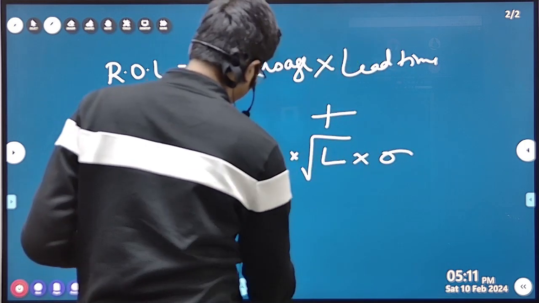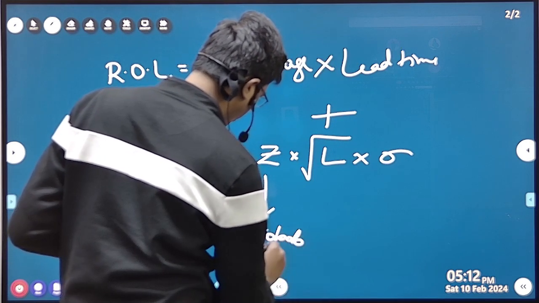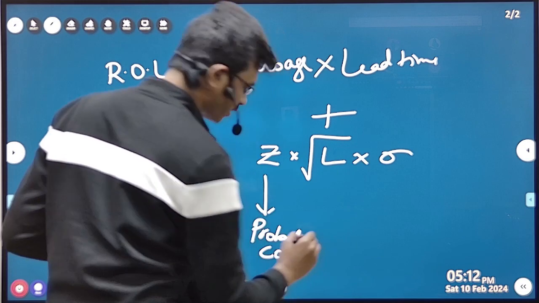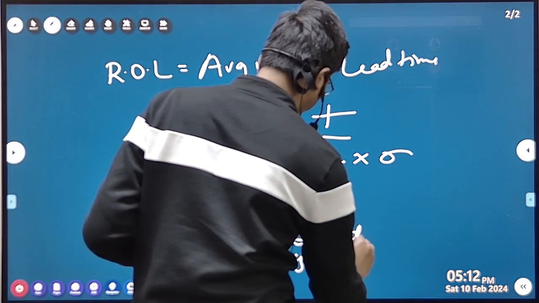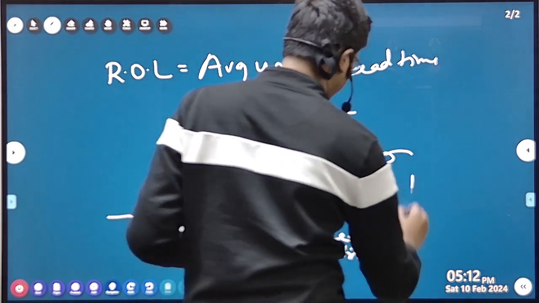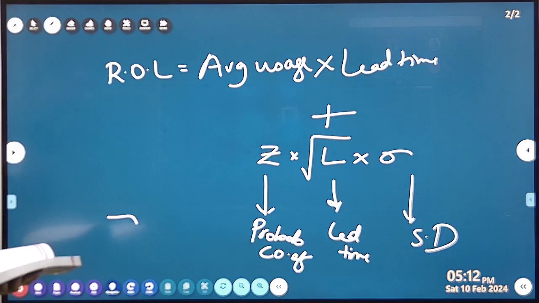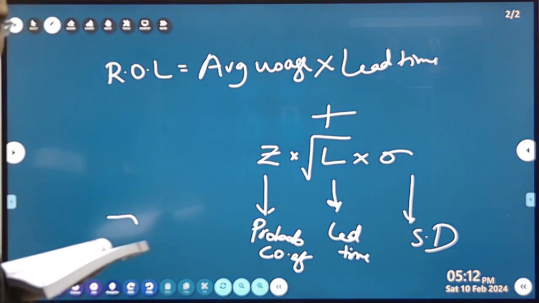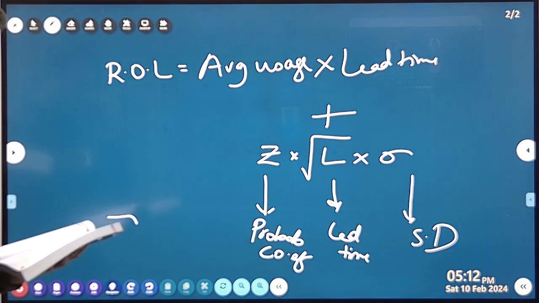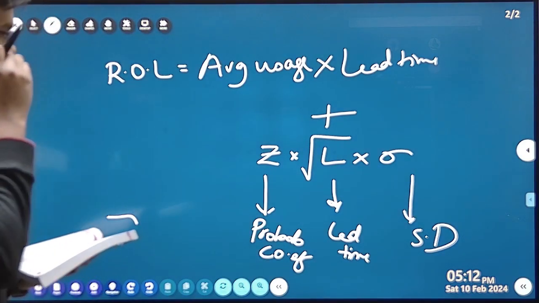Here Z is the probability coefficient, L is the lead time, and this is the standard deviation. This is the formula we use for finding the reorder level. Please note it down because it is not clearly mentioned in your book.